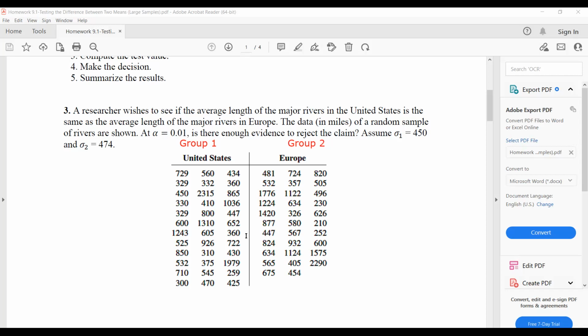We'll go through the solution there for this one.